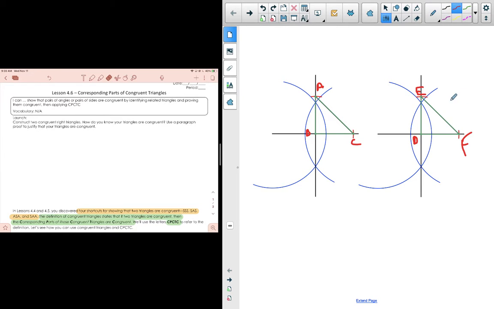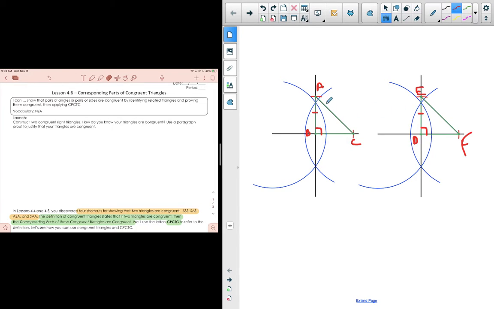What we can do to prove that these are congruent is, you could see that I first created a perpendicular bisector. So once I created the perpendicular bisector, we know that B and D are both 90 degrees. Then if you were to take our compass and measure these, you'll see that I created this side and this side congruently.